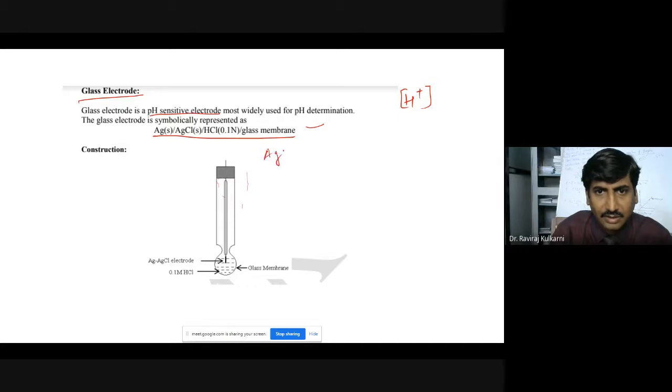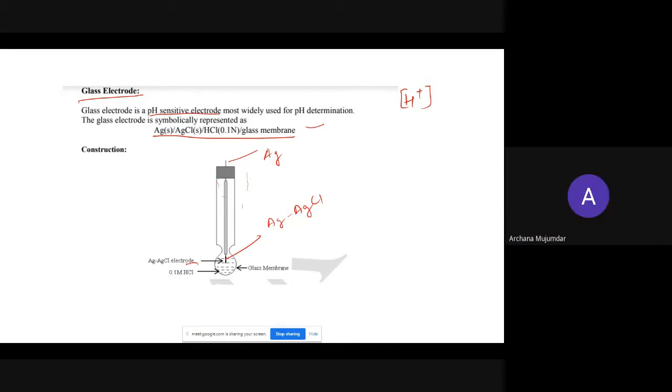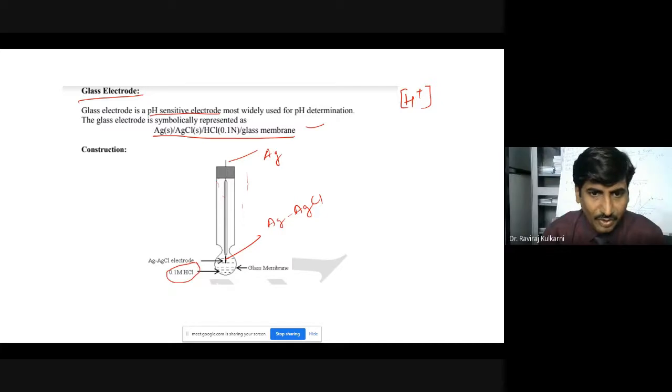Silver. And it is coated with what? Ag is coated with AgCl, outside. And that AgCl is in contact with what? HCl. 0.1 molar HCl. So that's how I have written.